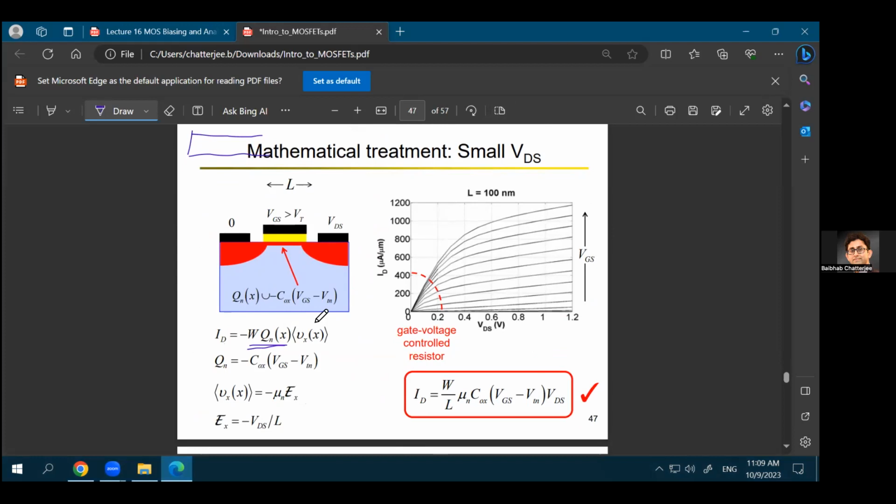And then what you have over here is this term, the Vx, that is mu times the epsilon. So this is called the velocity of the electron. So basically you have a certain number of electrons. So you're taking the concentration of those electrons per unit area, multiplying it with the width, and multiplying with the velocity of those electrons.